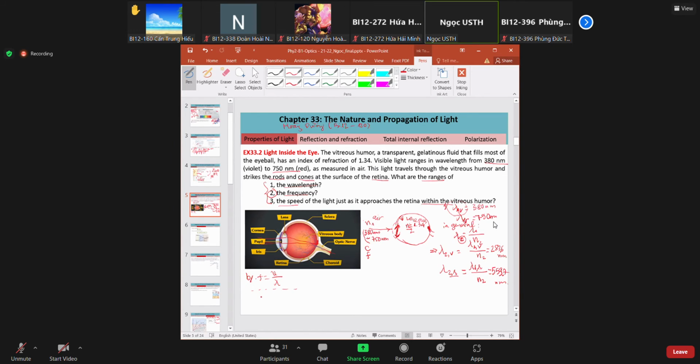Okay. And then you can have the frequencies of F1 or F2, it's the same. So you don't need 1 or 2. It's just violet, equal to C over lambda violet.